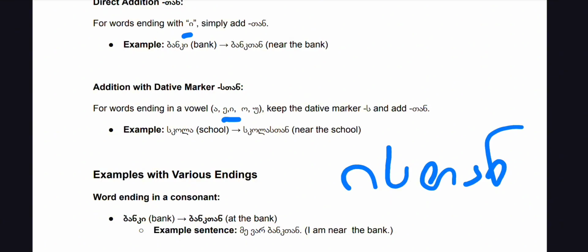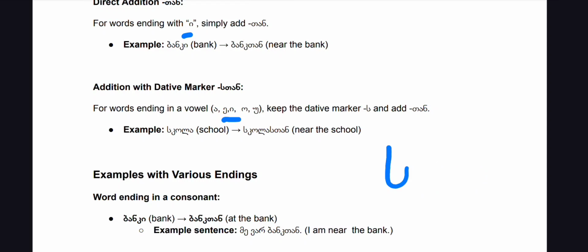You have to keep it and add stan, and you get Natalistan. Same for Georgi, Georgistan, and Irakli, Iraklistan. But if you have words like banki, sahli, in that case, you don't have to keep E, you just have to add tan. I hope it was clear.